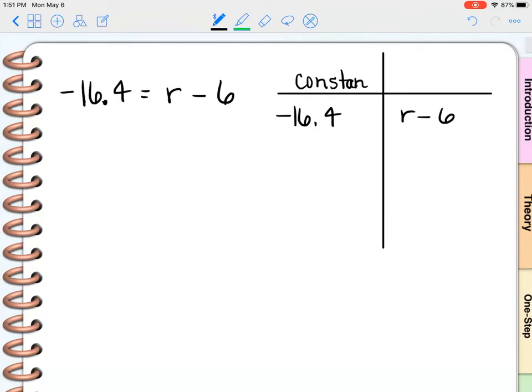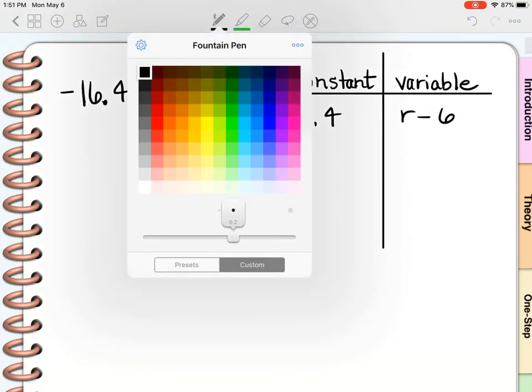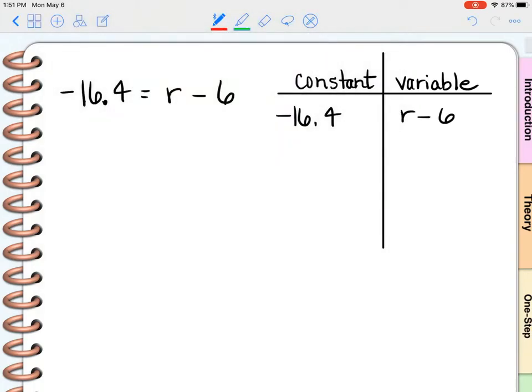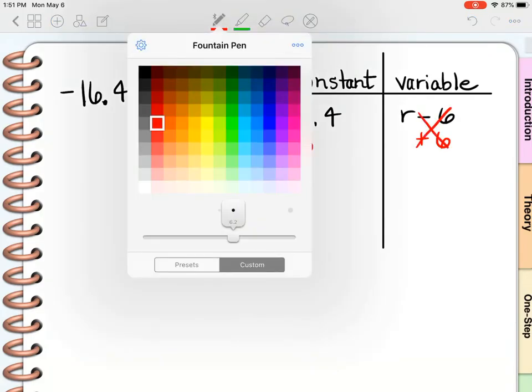And that's okay. We know that that can happen. Don't let that get you rattled and upset and nervous. It's just the same process in reverse. So would you agree with me that that minus 6 needs to move? And if it's a minus 6, I'm going to do plus 6 to move it. So it moves over under that constant.